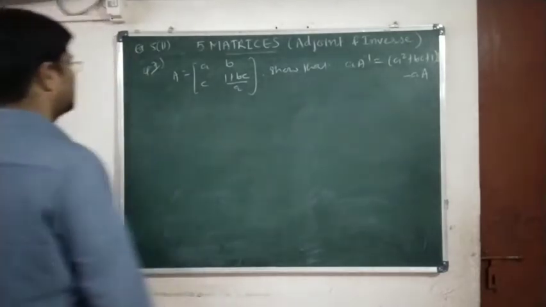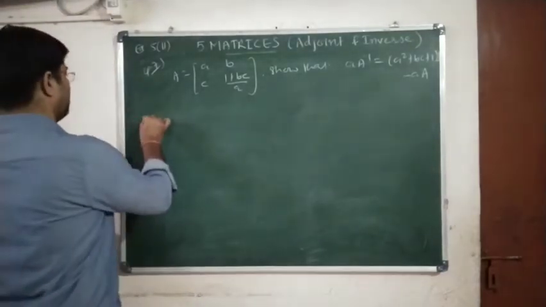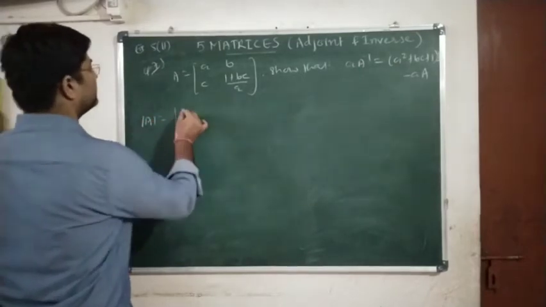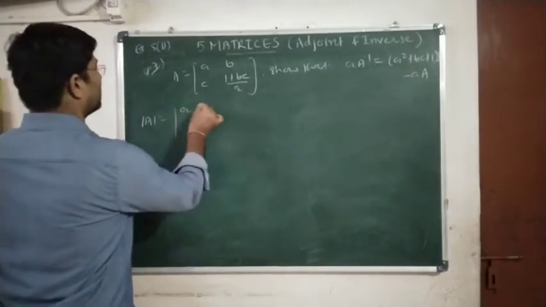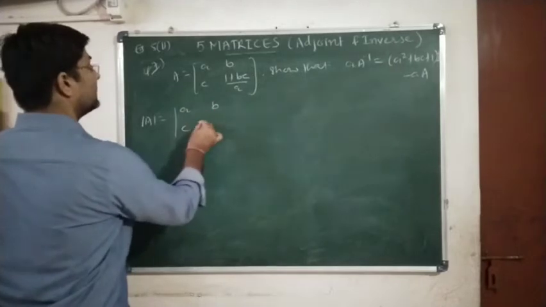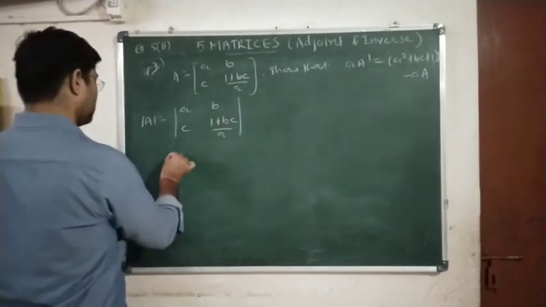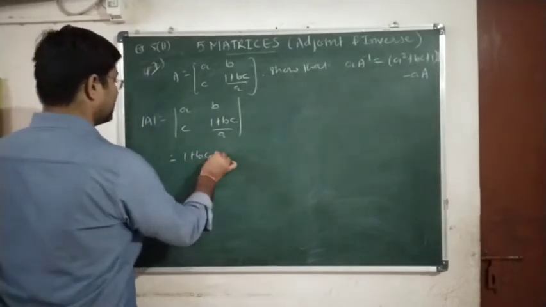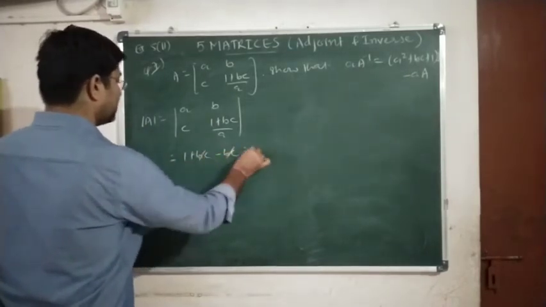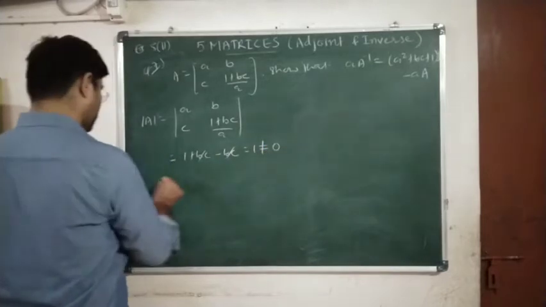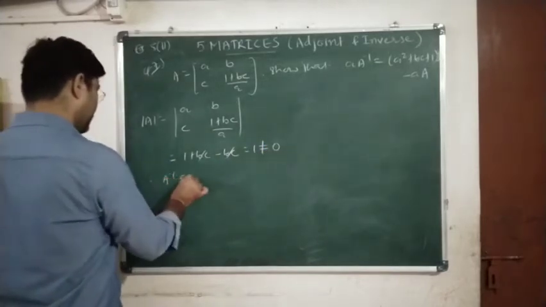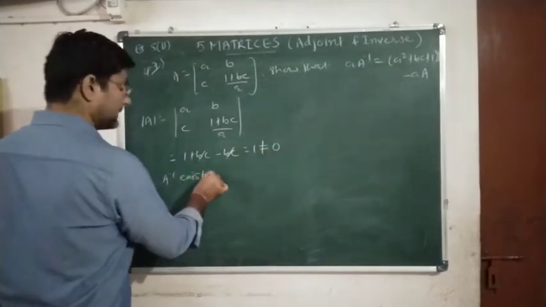Okay, so in order to find A inverse, first we'll find the determinant of A. The determinant of matrix A is 1 plus bc minus bc, which is equal to 1, not equal to 0. Therefore, A inverse exists.